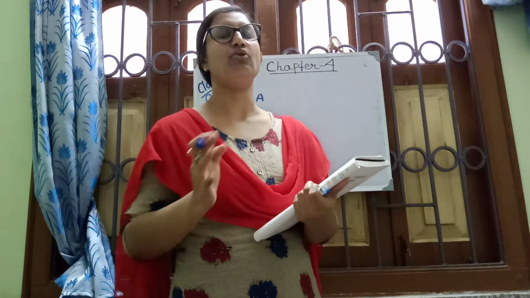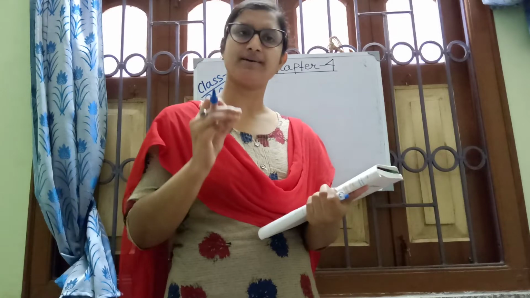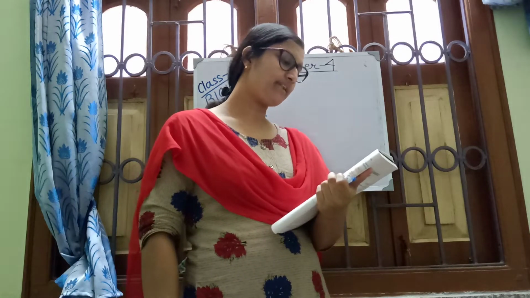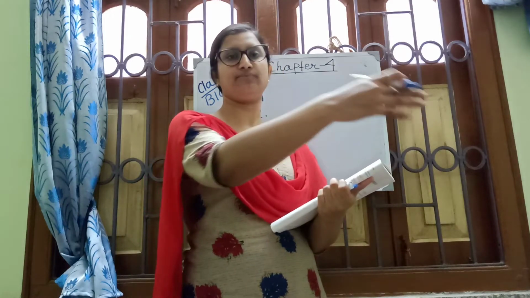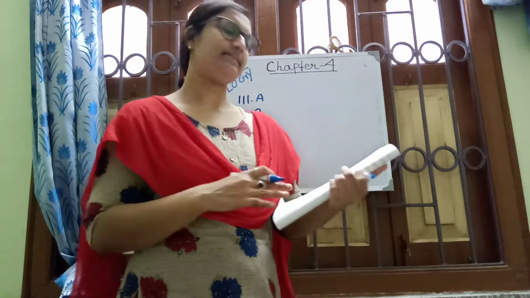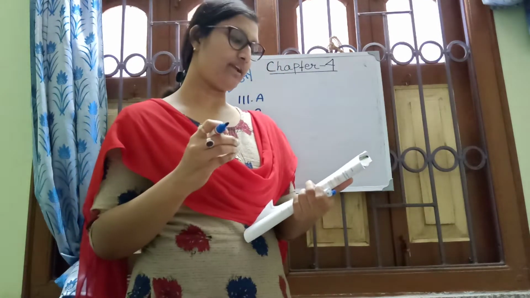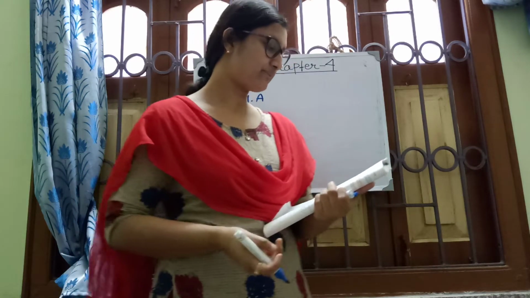Self-pollination, cross-pollination: I have already discussed this and you have it written in your book also, and give an example. Hercogamy and heterostyly. Hercogamy means the pollen grain and the female parts are placed so that there is a barrier to the transfer of pollen. It's called hercogamy. Give an example.